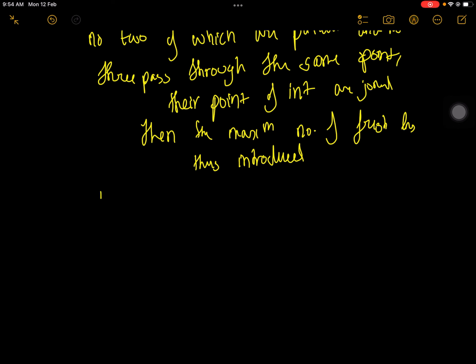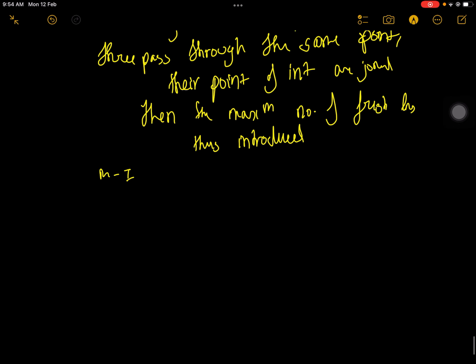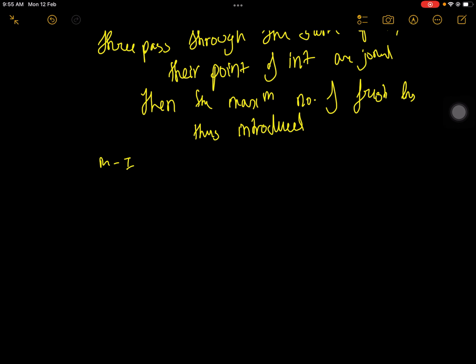So there are 2 methods for this. The first method, you just roughly draw what the statements are saying. None of them are parallel, and no 3 lie on the same point.